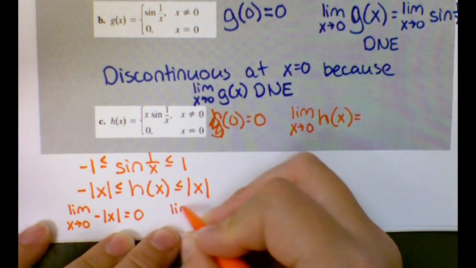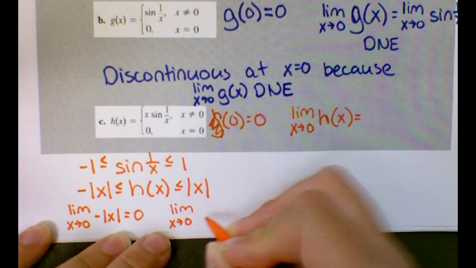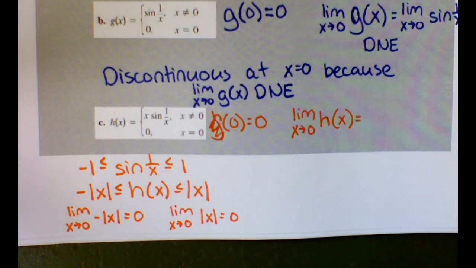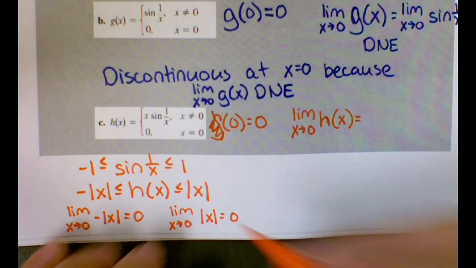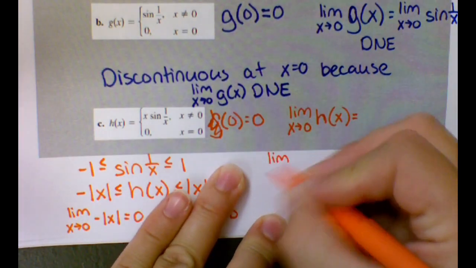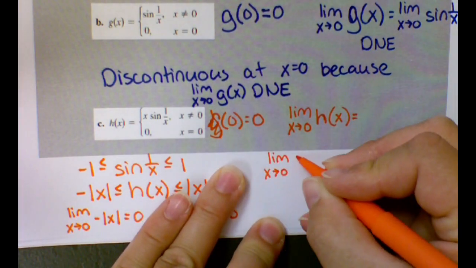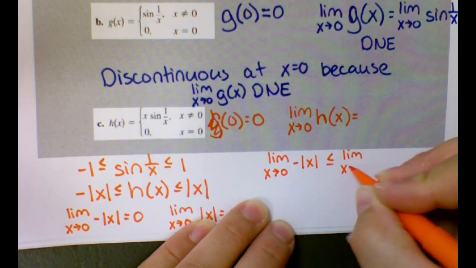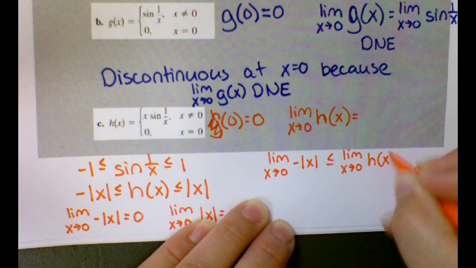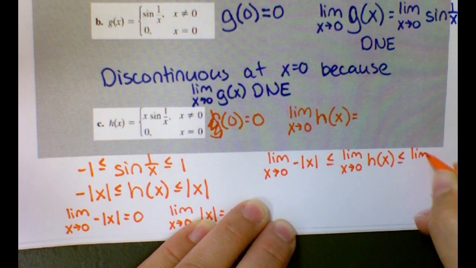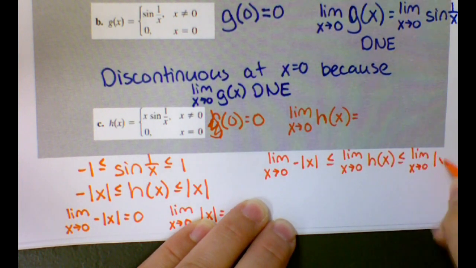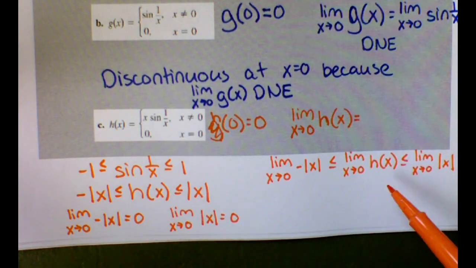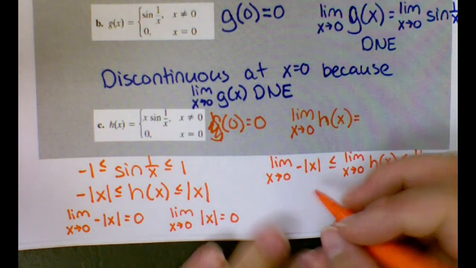And the limit as x approaches 0 of positive absolute value of x is 0. Okay, so that means that the limit of h of x has to be in between those two values. Since the function is always between those two functions, the limit has to be between those two limits. But both of those limits are 0.